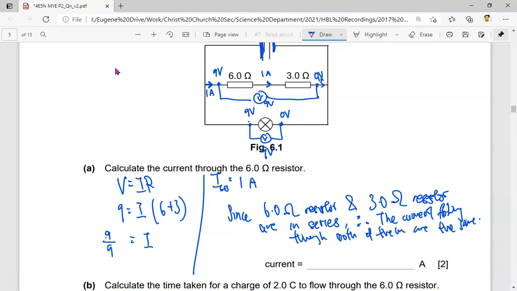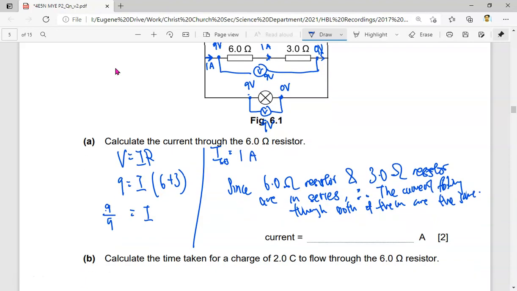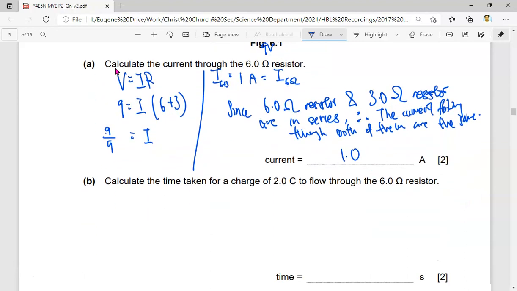So the current flowing through the 6 ohm resistor will also be 1 ampere. Do take note, the final answer should always be given to 2 or 3 significant figures, so I put 1.0 over here.